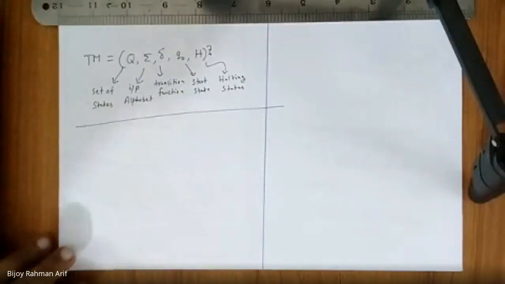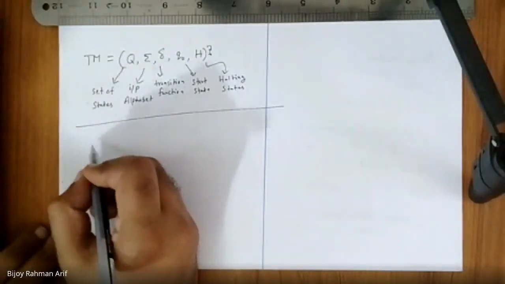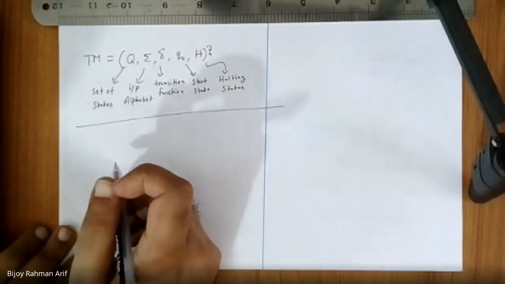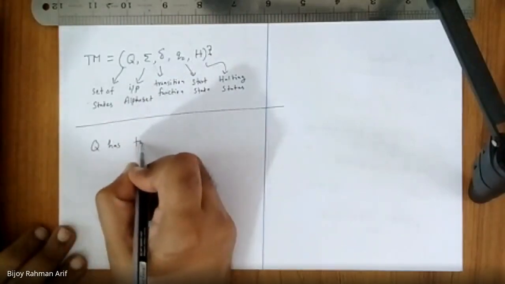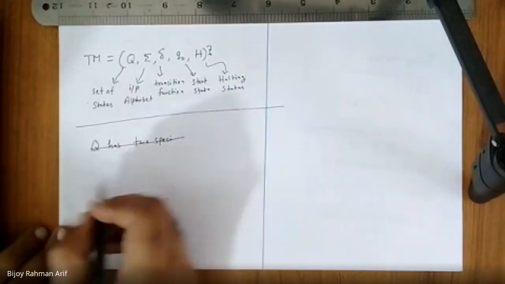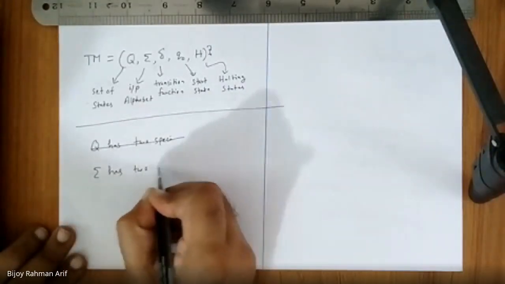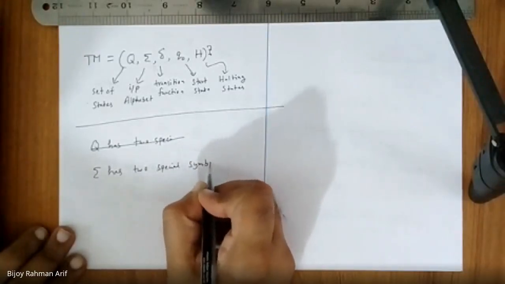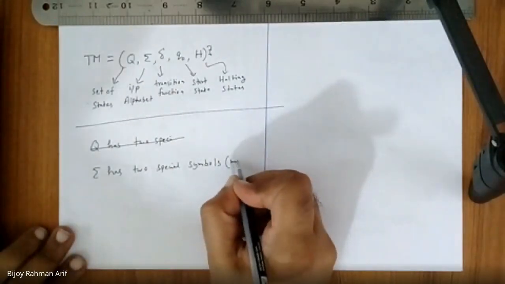Okay. In Turing machine, sigma has two special symbols that are a must.